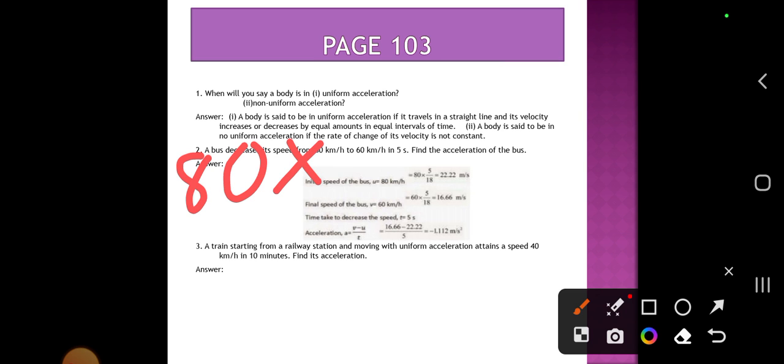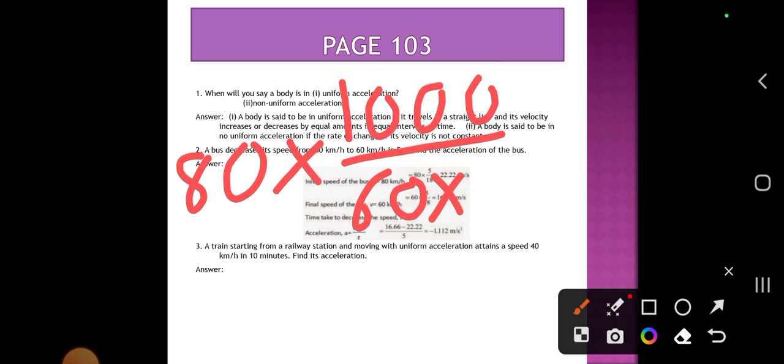For kilometer per hour, as we know, 1 hour is equal to 60 minutes, and 1 kilometer is equal to 1000 meters, and 60 minutes multiplied by 60 seconds.